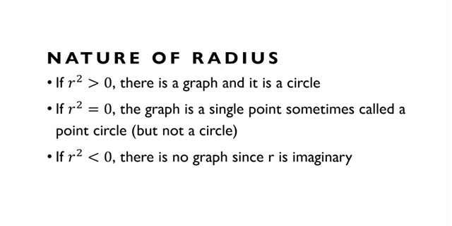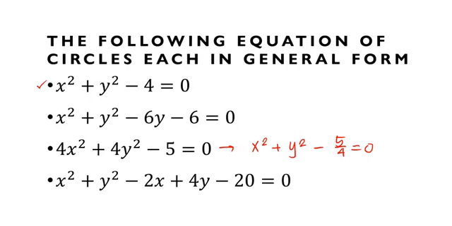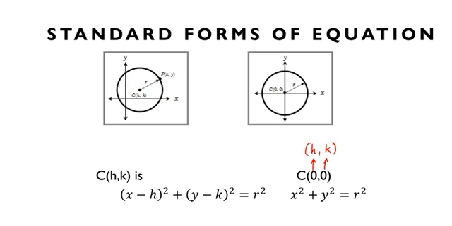Earlier, I showed you the standard forms of the equation of the circle. You know that the standard form would take x minus h quantity squared plus y minus k quantity squared is equal to r squared. Or if the center is at 0, 0, it would be x squared plus y squared is equal to r squared.